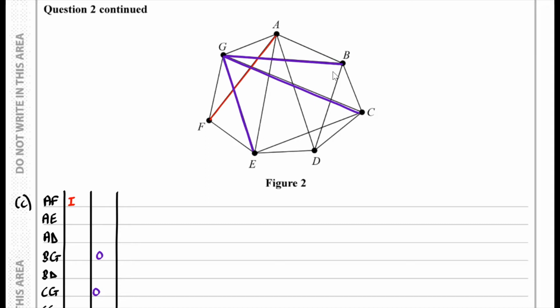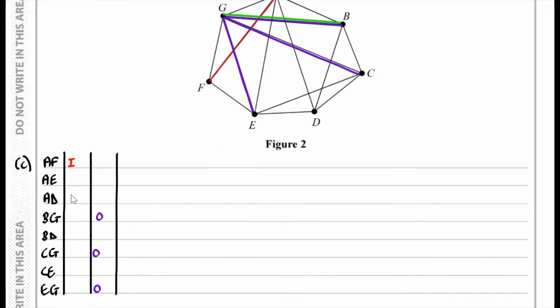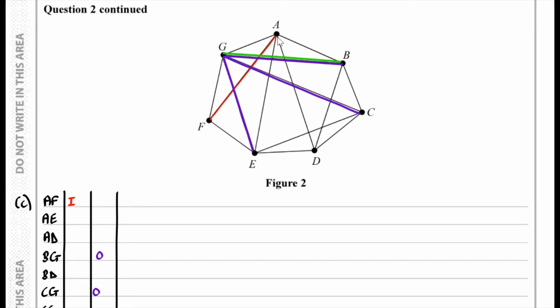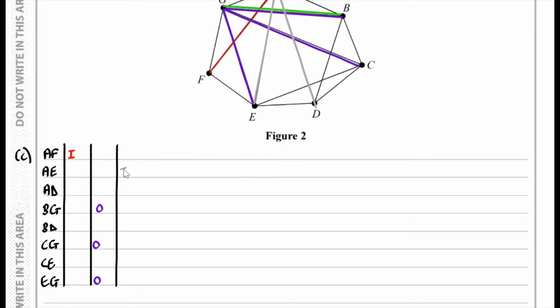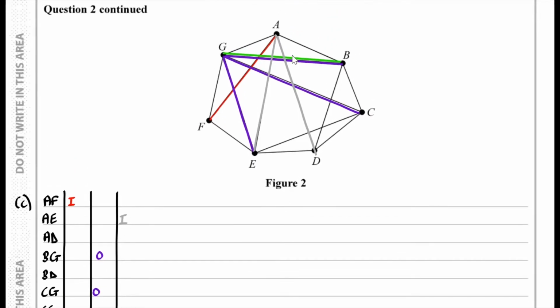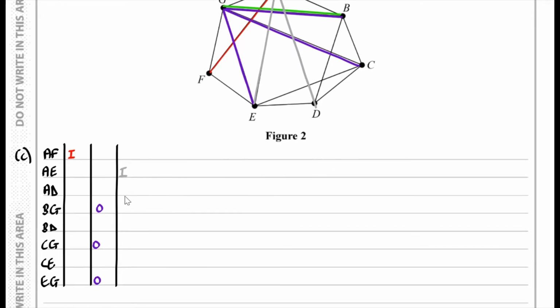So considering BG, like so, what crosses BG, if I draw this in a different colour, we've got AF, which has already been crossed off, and then we've got AE over here, and we've also got AD over here. Okay, so we've got AE, we'll put an I over here, and we've also got AD. We'll put an I over here as well.